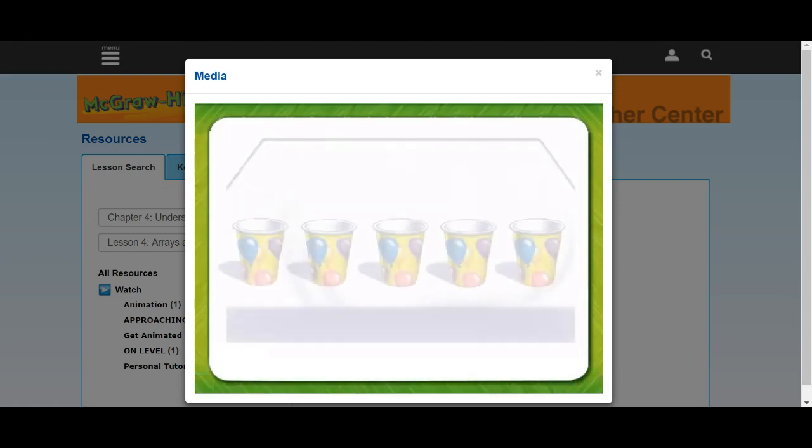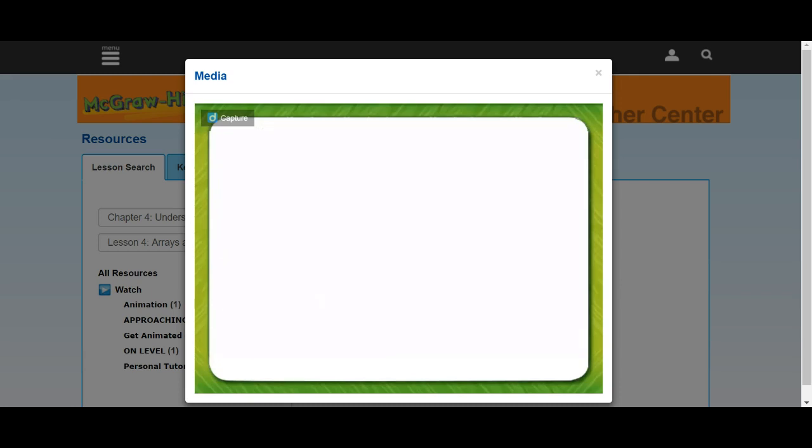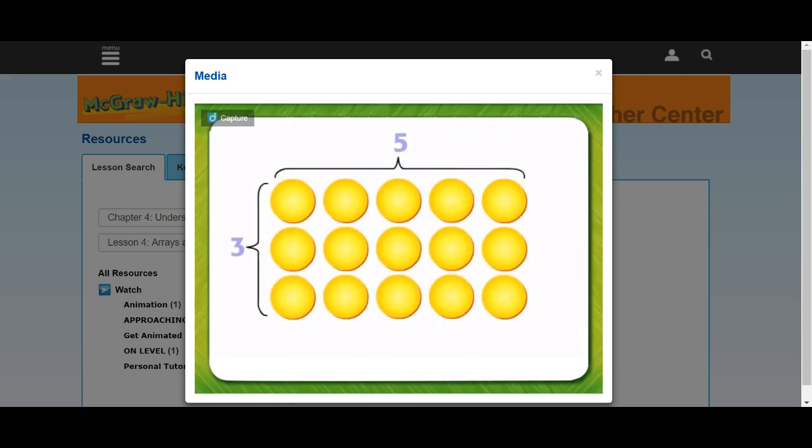Roberto places party cups on a table in 3 rows of 5 cups each. How many cups are there on the table? The cups are arranged in equal rows and equal columns. This arrangement is an array. Arrays can help you multiply. The numbers you multiply are factors. The result is the product. To find the total number of cups, you can use counters to model the array.